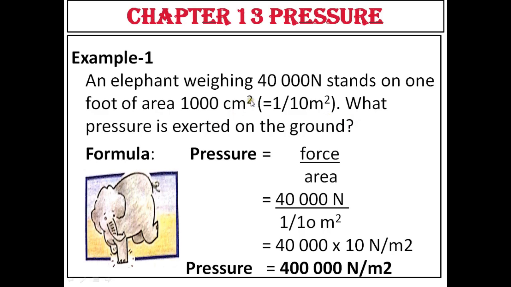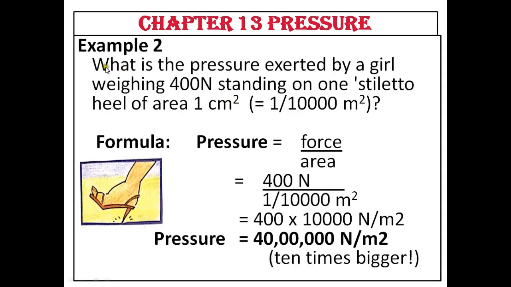Now let's see the next example, that is what is the pressure exerted by a girl weighing 400 newtons standing on one stiletto heel of area 1 centimeter square. Again we are going to convert it to meter square. Here 1 centimeter square is equal to 1/10,000 meter square.